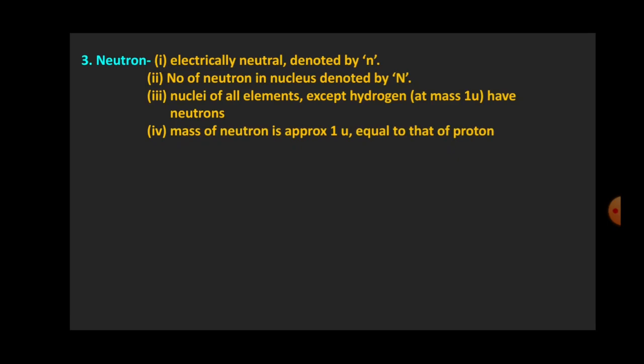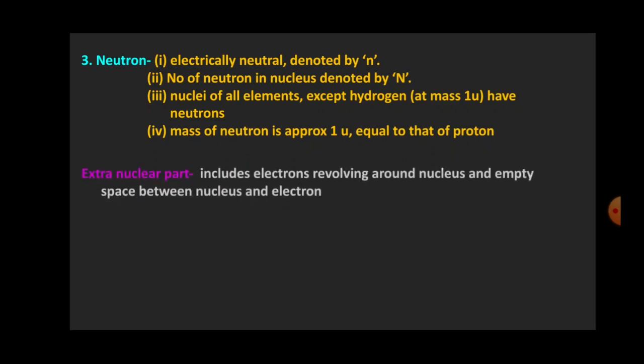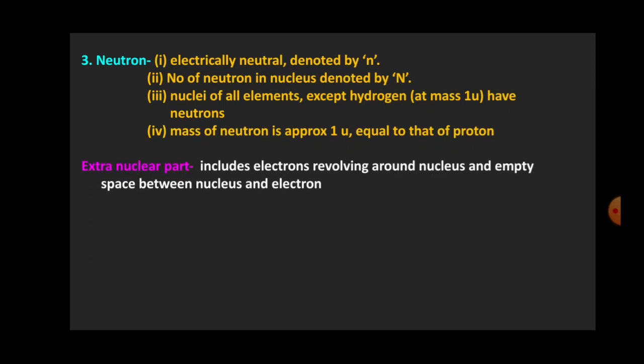Only hydrogen does not have a neutron. And the mass of a neutron is approximately 1 amu, equal to that of a proton. So the mass of the neutron and the proton is almost equal.